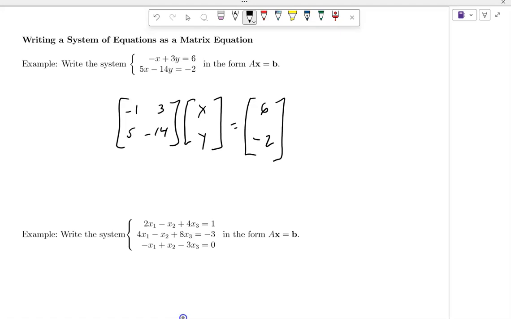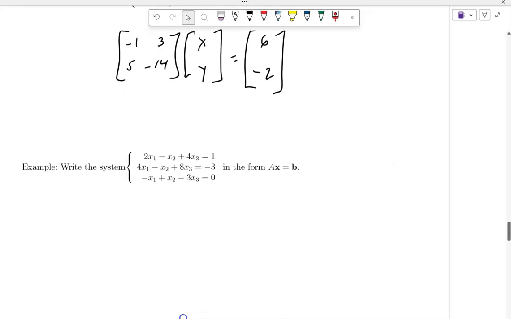So on the next part, how will we write this in matrix form? What's going to be the A piece here? Good. We're just taking the coefficients off of each variable in each equation. So the first row uses the coefficients of the variables in the first equation, and so on down the line.